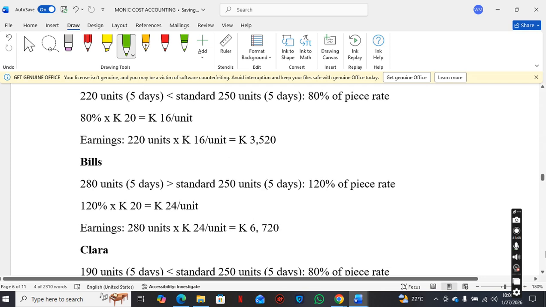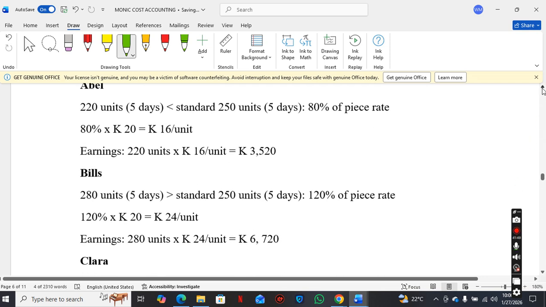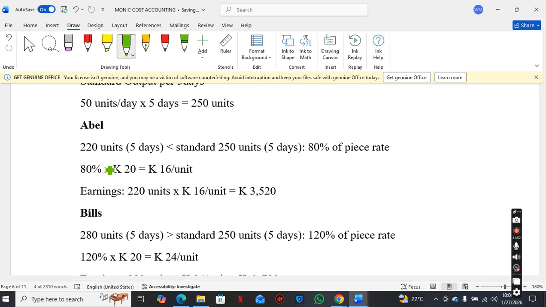Okay? So when it's 80% of 20 kwacha, it is 16 kwacha per unit. So since Abel produced 220 units, multiplied by 16 kwacha per unit, he is going to earn 3,520 kwacha as his earnings.